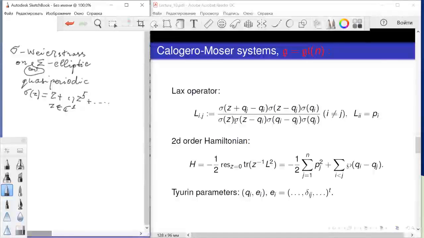It is actually true for every such fraction where the numbers of occurrences of sigma in the numerator and in the denominator are equal. So this one is a well-defined function on the elliptic curve.